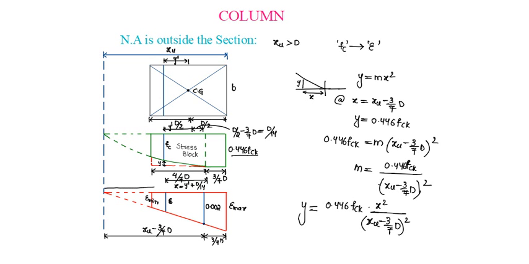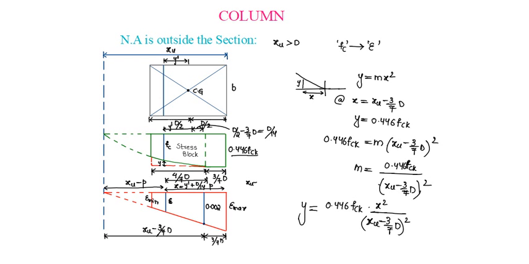Till here our distance from the highly compressed edge is p, then this will be xu minus p. So from similar triangles, let us write the expression here only.